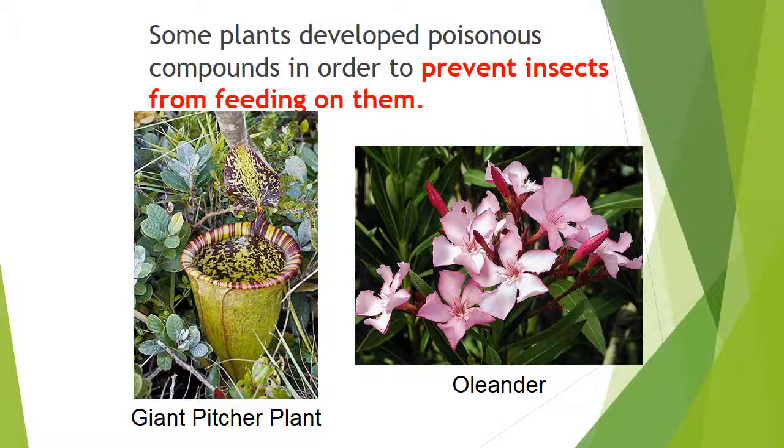So it actually draws in insects and feeds on them. So this is a type of carnivorous plant. Oleander on the right here is actually toxic to anything that can eat it, and it actually can be deadly to even humans. So that's one of its defensive mechanisms against other organisms trying to eat it as well.